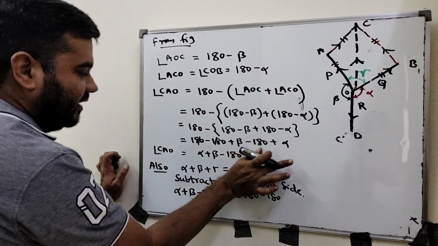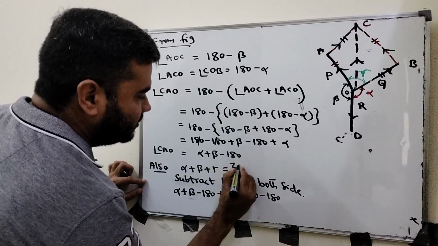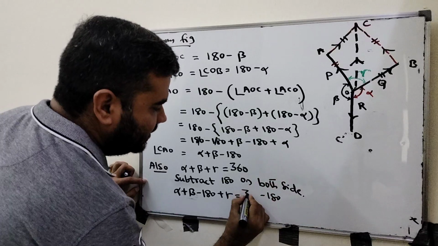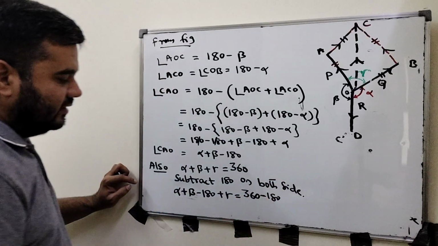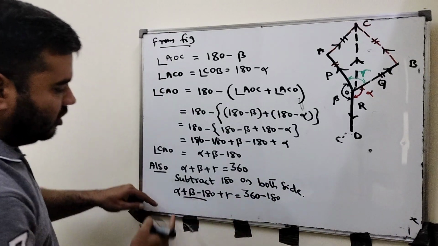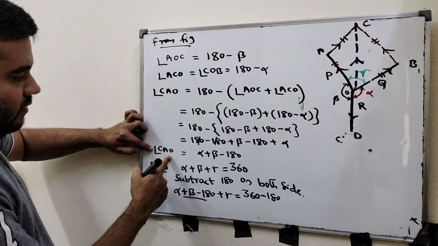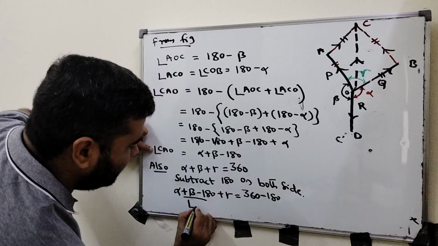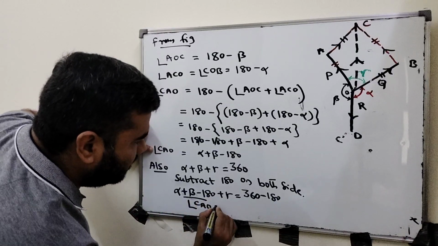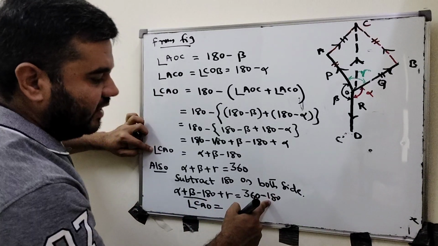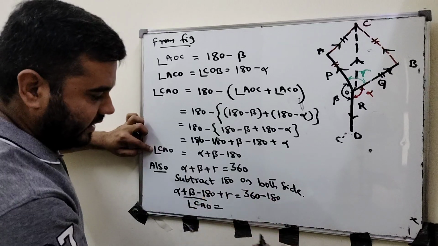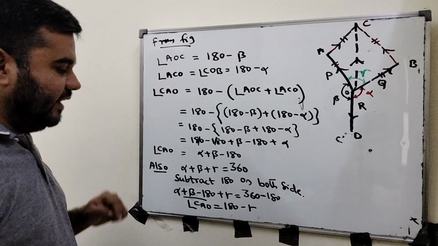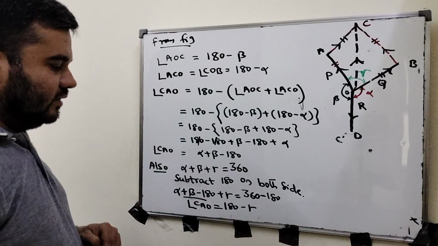Now substitute this value. Angle CAO is alpha plus beta minus 180. Now I substitute: 360 minus 180 is 180, and this will be on the right side. That is 180 minus gamma. So angle CAO is 180 minus gamma.